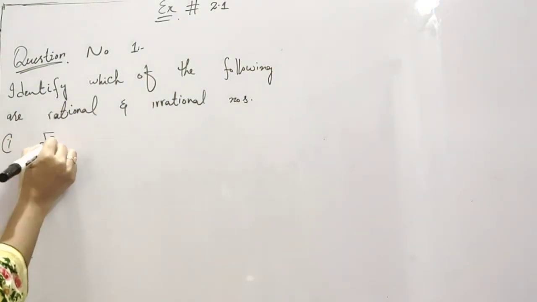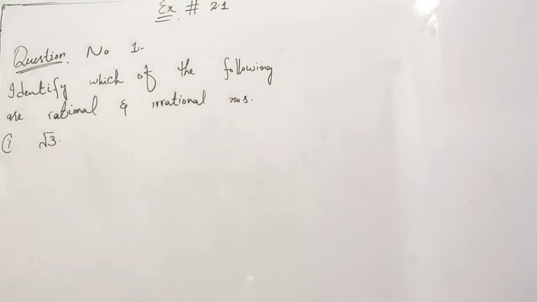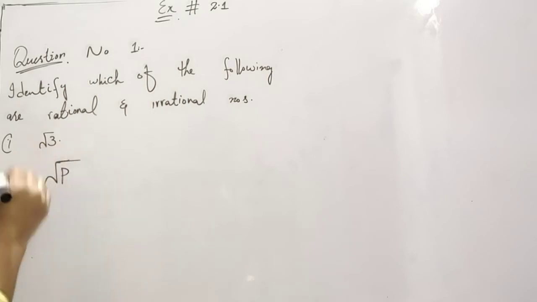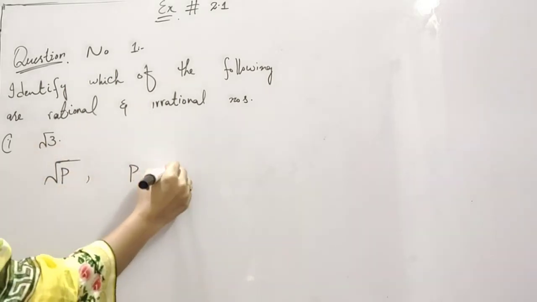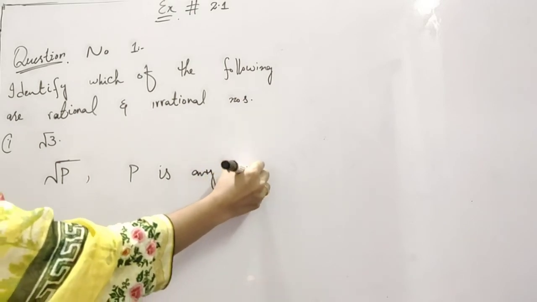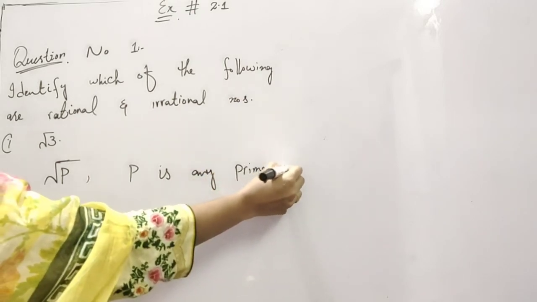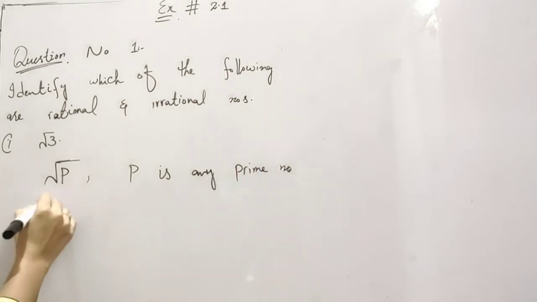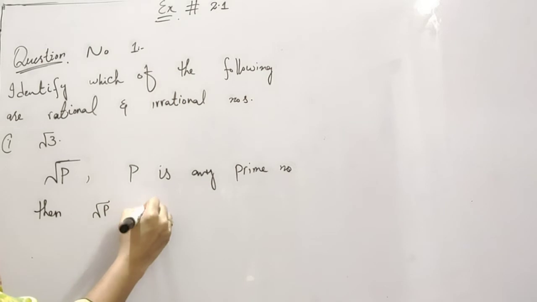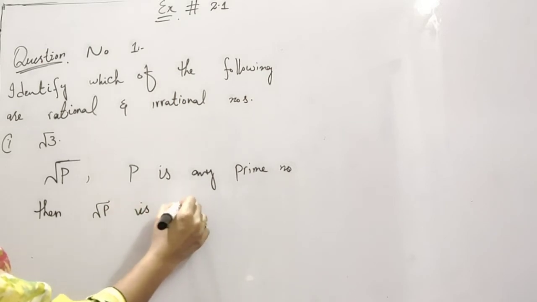square root 3. So we learned about the irrational numbers. We learned that if we write square root p and p is any prime number, then square root p is an irrational number.